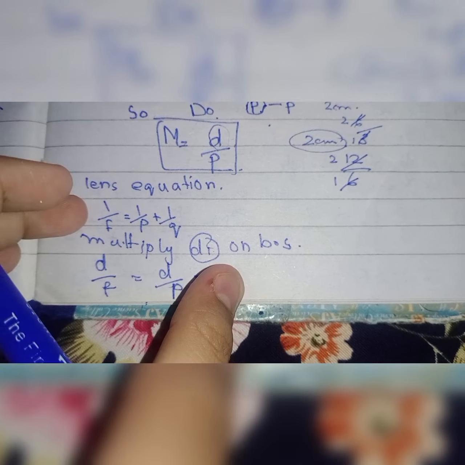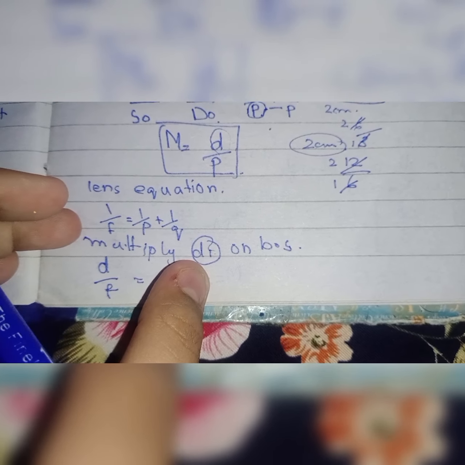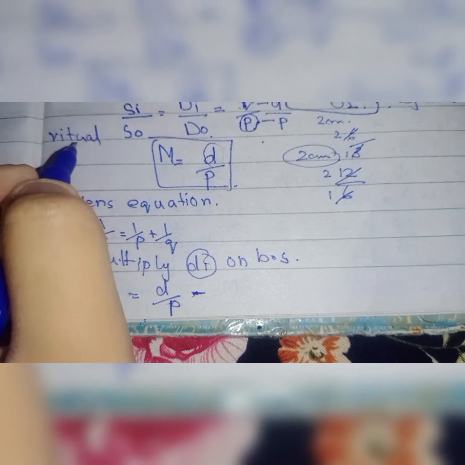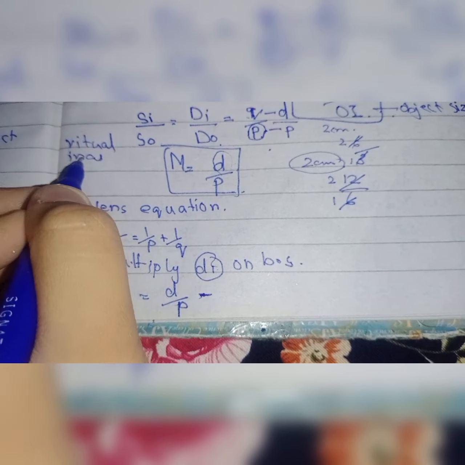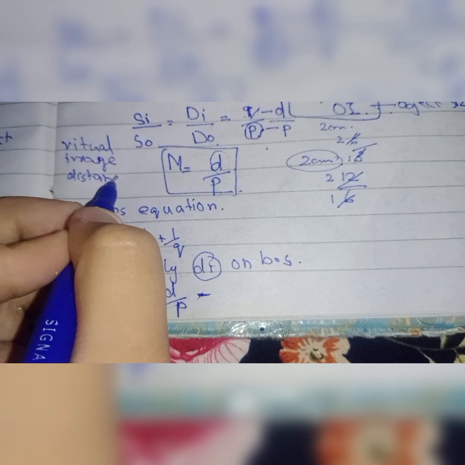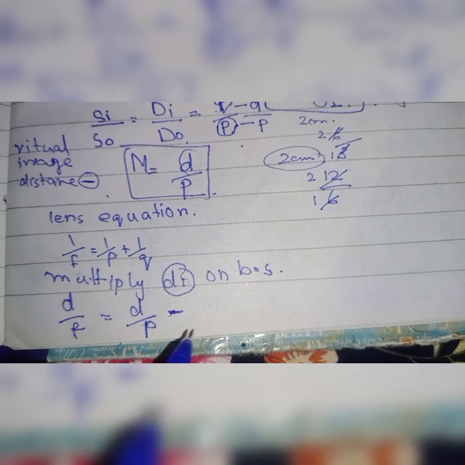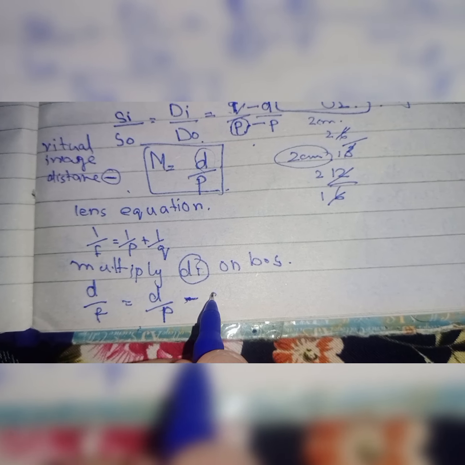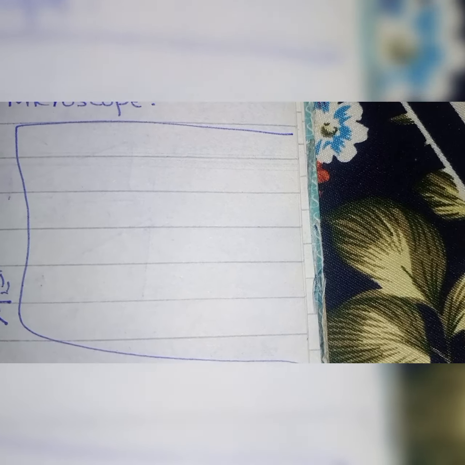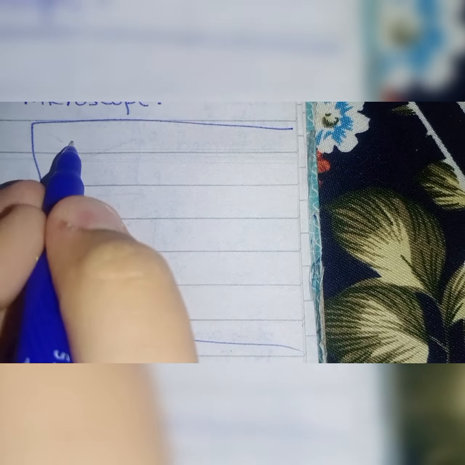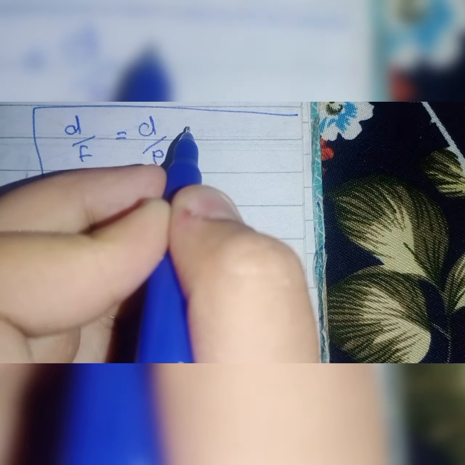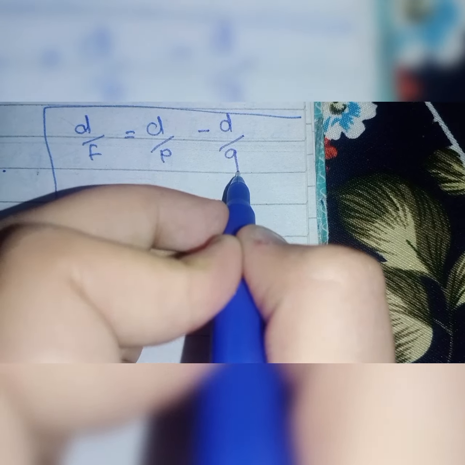Because if the image is virtual, as I told you previously, in virtual images the distance is always in minus. So minus, and the last one is D upon Q. So we have D upon F is equal to D upon P minus D upon Q.